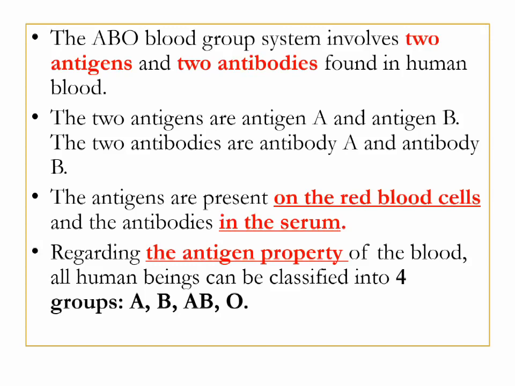Blood group A, meaning that the red blood cells contain or express over their surface the antigen A. And blood group B, over the red blood cells, you have antigen B. Blood group AB, you have antigen A and B. And blood group O reminds you of zero, which means without A antigen and B antigen. So there is no antigen A, no antigen B.